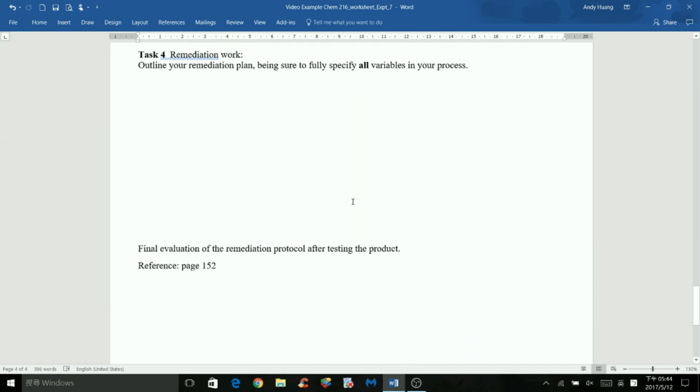So in task 4, you obviously remediated your well water samples. So the first part, outline your remediation plan, being sure to fully specify all variables in your process. So for this part, I want you to outline. So feel free to use bullet points. I think the easiest way is to separate it by different tasks or different types of ions.